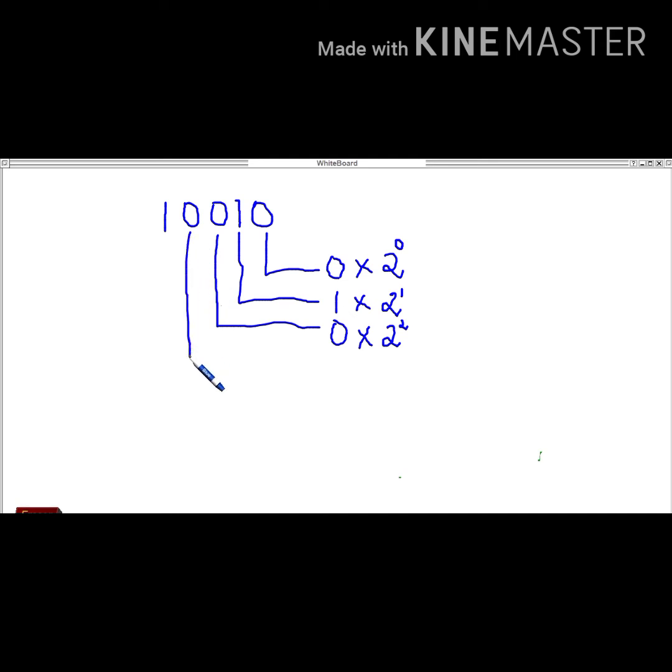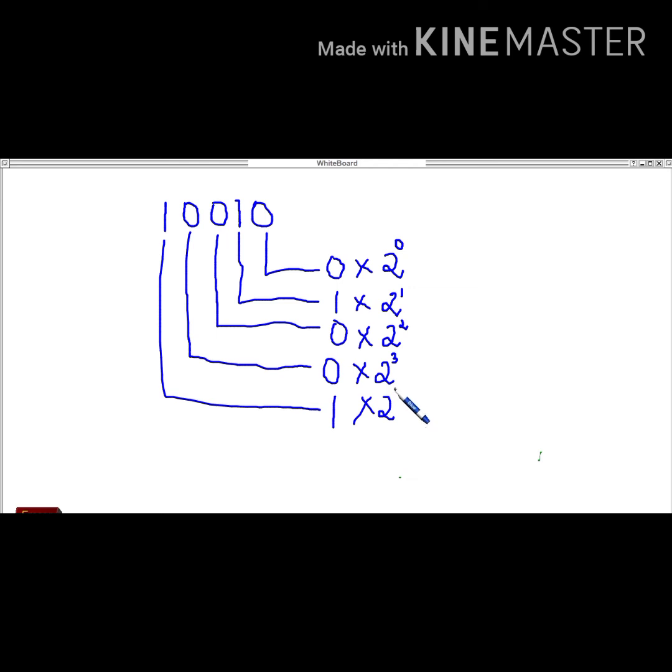Next is 0 into 2 to the power 3. Last digit 1 into 2 to the power 4.